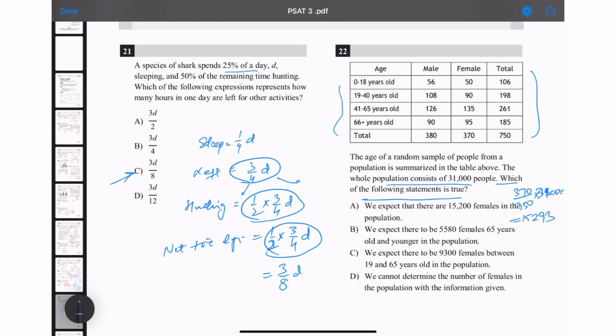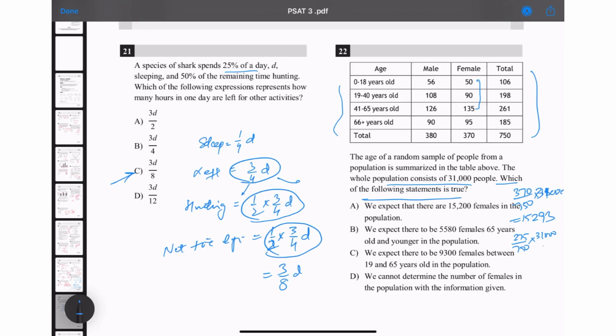We expect there are 5580 females, 65 years old and younger. 65 years old and younger means the first three, which is 275 out of 750. So 275 out of 750 times 31,000.